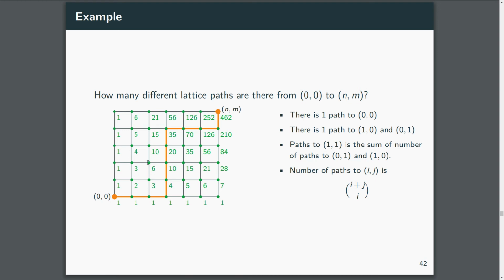Now, we could do this with dynamic programming, calculating the sum for each coordinate. But we can also consider that we have to take n plus m steps.